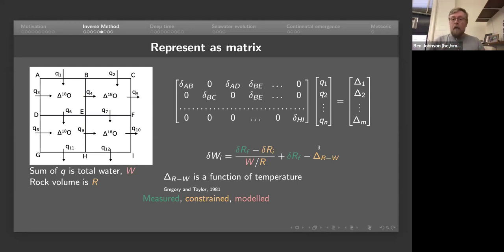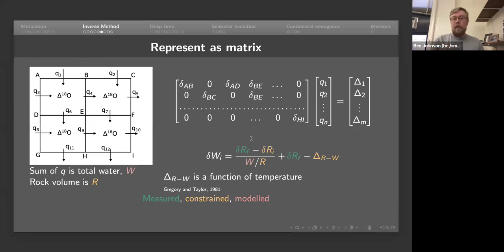Once we know that, we can use this second equation, which I'm trying to highlight here, where we can calculate the initial fluid or water δ18 values as a function of that water-rock ratio. So we invert for this W term. We know the amount of rock because of the way we set up our 2D grid. We measure the final rock's δ18 value. You go sample it and you measure it. And then we constrain the initial rock δ18 value based either on an unaltered sample from a nearby location, or by geologic setting.